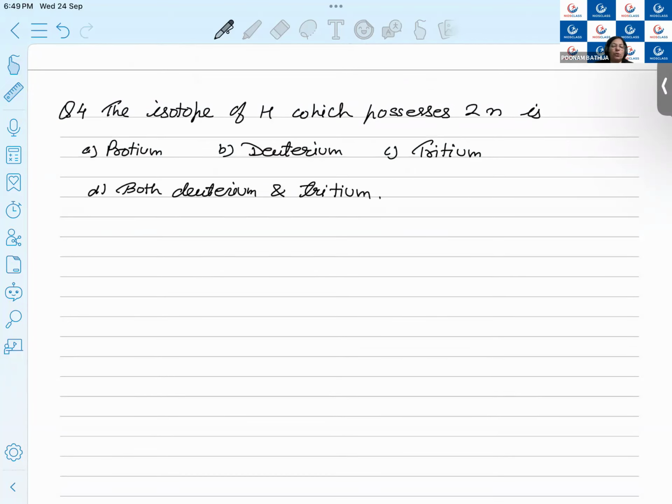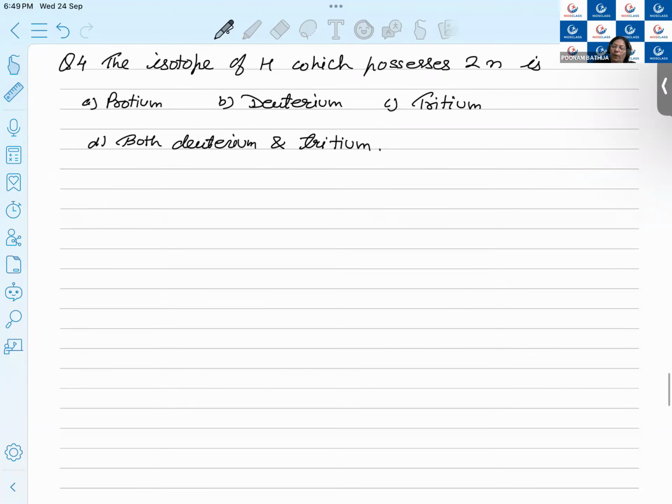Remember the isotopes of hydrogen? Look, hydrogen has 3 isotopes: protium, deuterium, tritium.